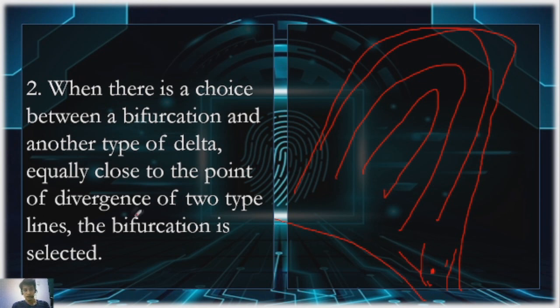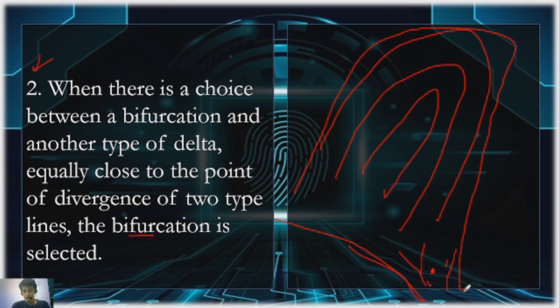So ano yung pipiliin natin? Having rule number 2, kapag napakaraming choices dyan, okay, we are going to disregard the other formations, and instead we are going to choose the bifurcation so long as they are equally close to the point of divergence. Saan po ba yung point of divergence? So these are the diverging ridges, okay, and this would be our type lines also because this is the first.